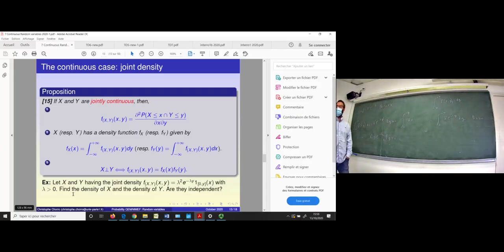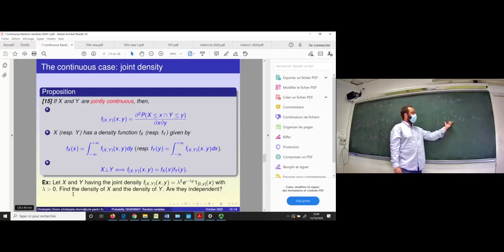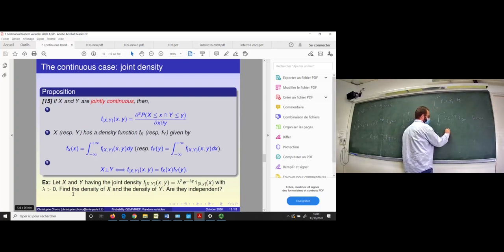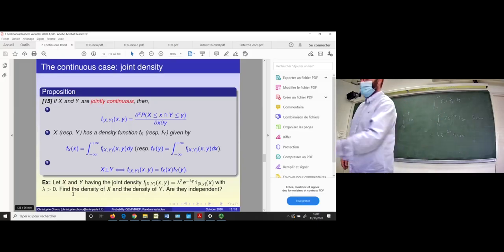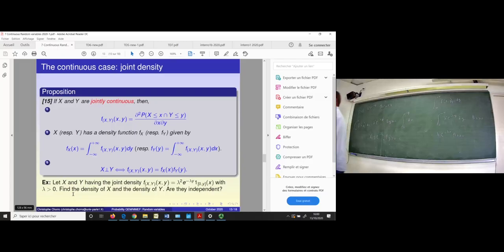And I have already done this job. What is the primitive of this one? It's minus lambda exponential minus lambda y, and I obtain this way here, lambda exponential minus lambda x, indicator function of x positive. In particular, I recognize here a density that is known from the course. If I have this joint density for a pair, I am sure that the first component, density, is the one of an exponential of parameter lambda. Okay?